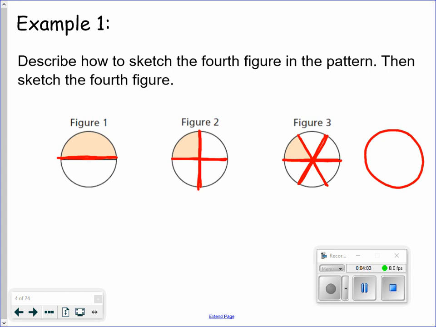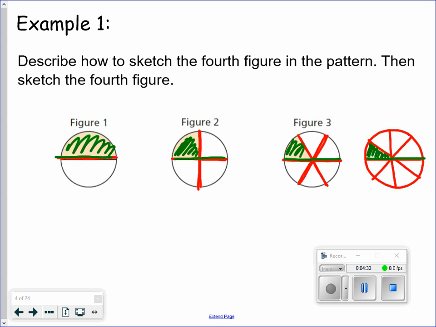And now this one's going to have 4 lines cutting it into 8 equal parts. Now, there's something about this shading that's going on. This shading is located above the horizontal line and to the left. So if we were to shade, it should be this one right here based on that horizontal line. So that is figure 4.